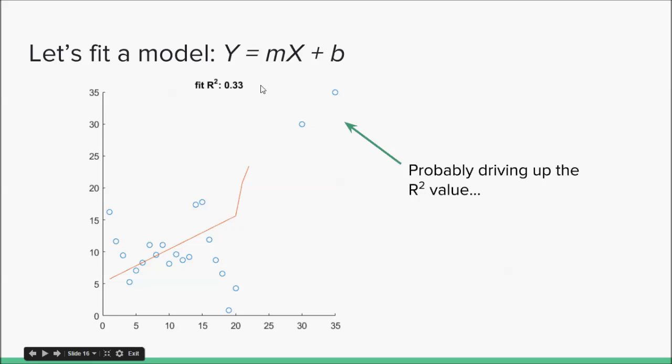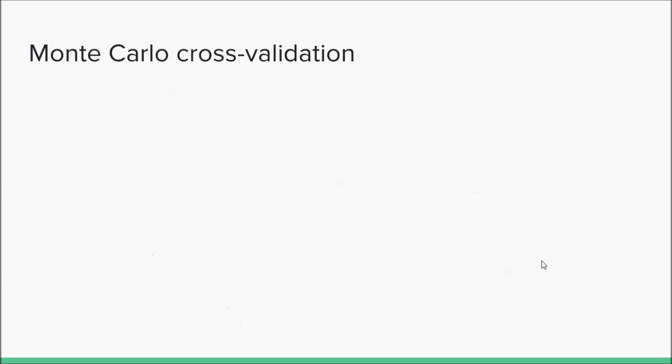It's not huge, but for the model output, it actually spit out a pretty low p-value here. So a reasonable thing to do here would be to try some sort of cross-validation technique. So I just chose Monte Carlo cross-validation.